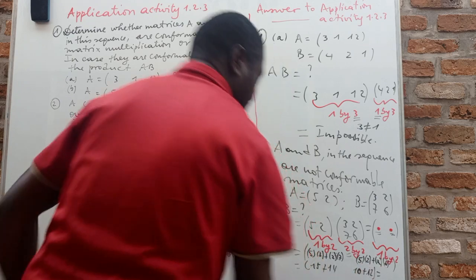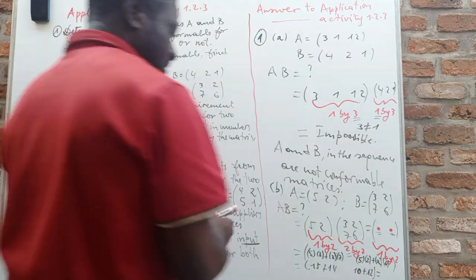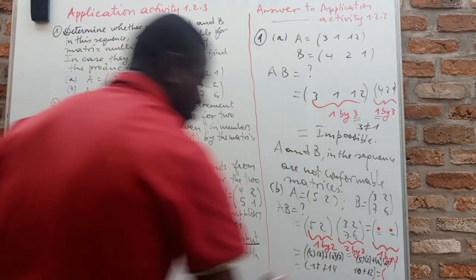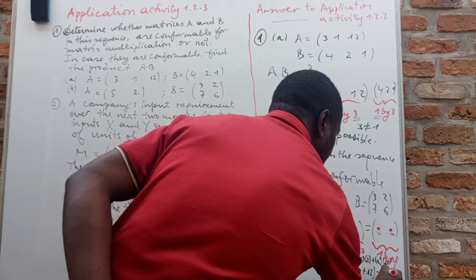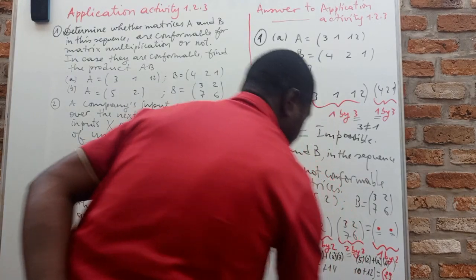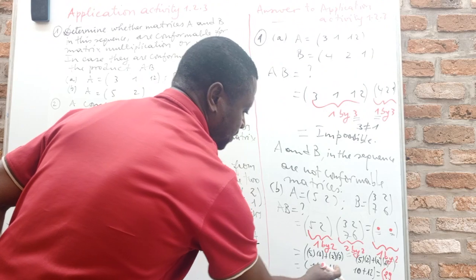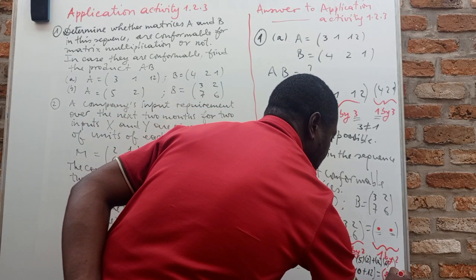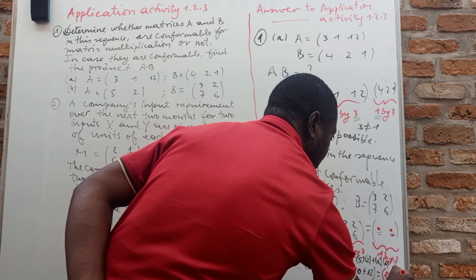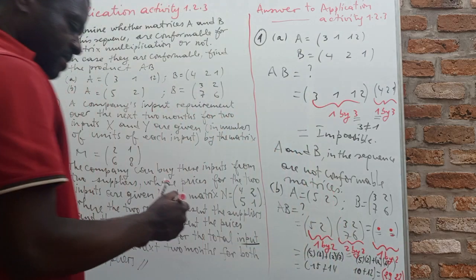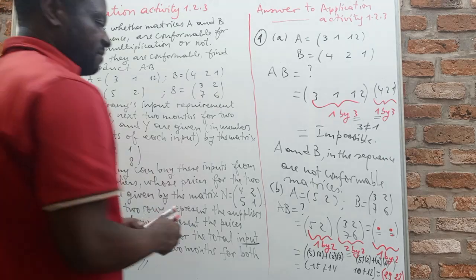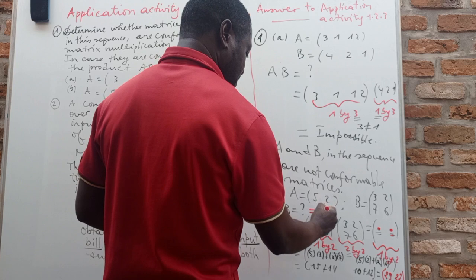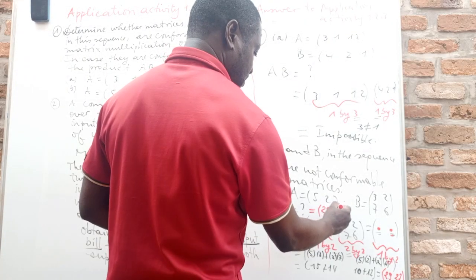So in this case the first element is going to be 29, because 15 plus 14 is 29, and 10 plus 12 is 22 for the second element. So finally the answer is 29, 22.